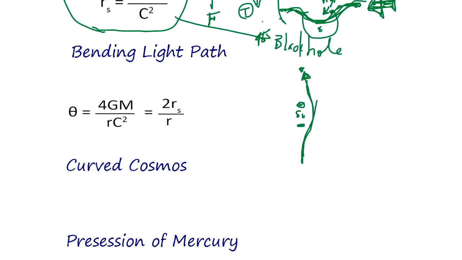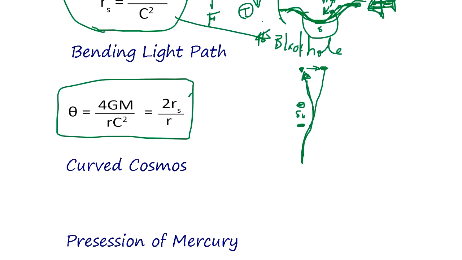So the star looks as if it's here, it's moved because the light bends. Okay, so that's a famous experiment. This was confirmed by observing the star behind the sun during an eclipse.